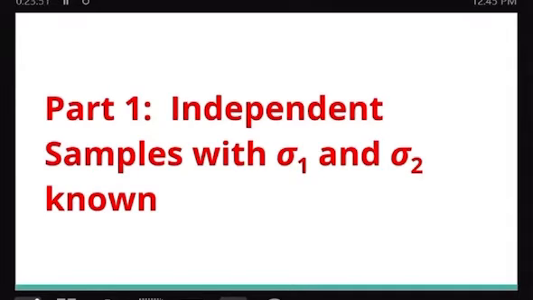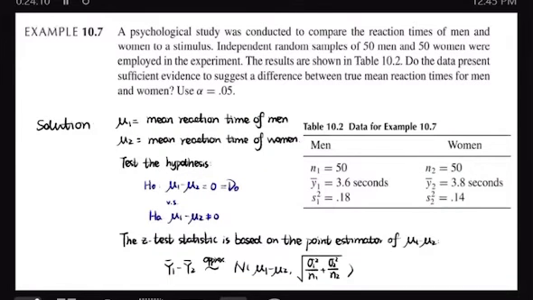Now, the first scenario: I'm working with independent samples and the two population standard deviations are known. You remember when we were constructing confidence intervals for that, we used in our formula a Z, right? Okay, now take a look at this.